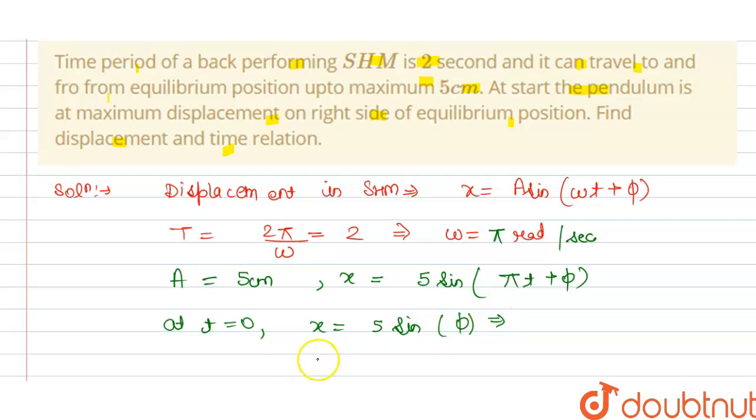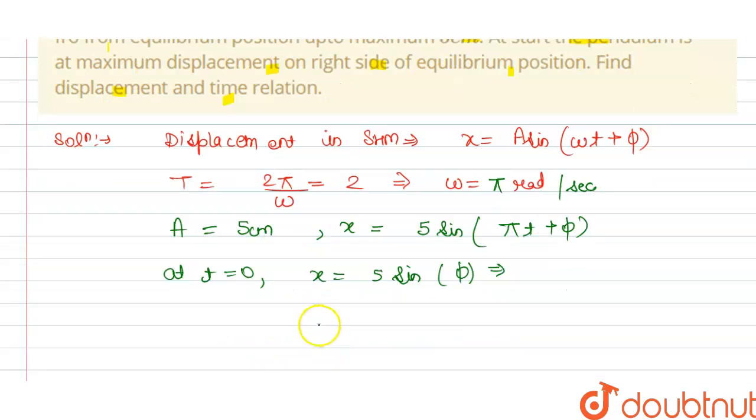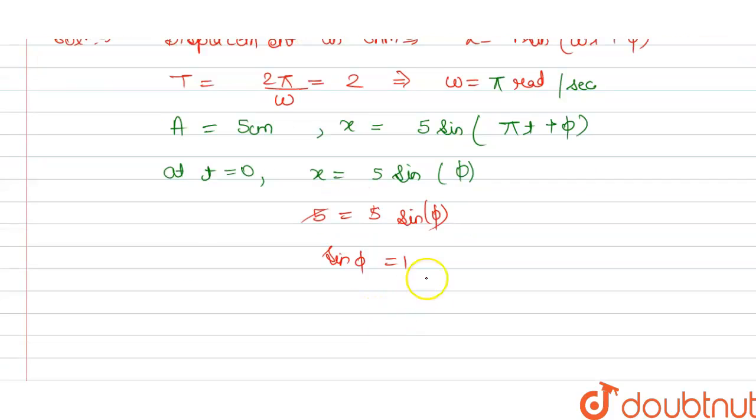So from this we can write here x is 5, maximum height is 5 here. So 5 equals 5 sine phi. So 5 and 5 cancel out. So we get sine phi is 1, and we know that sine 90 is 1. So from this we can say that phi is pi by 2.